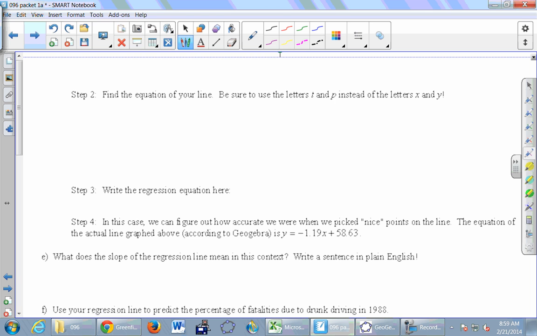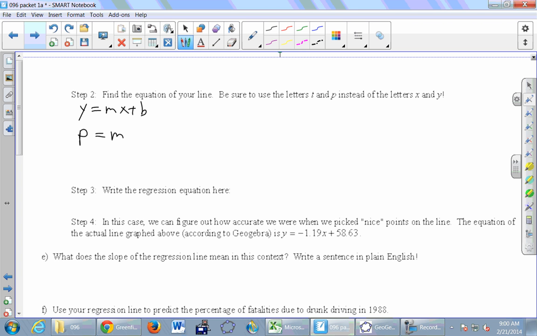We're now ready to find the equation of that line. Now, normally, to find the equation of a line, we're using y equals mx plus b. But let's change those letters. We don't have y in this problem. What do we have? It's p equals m.